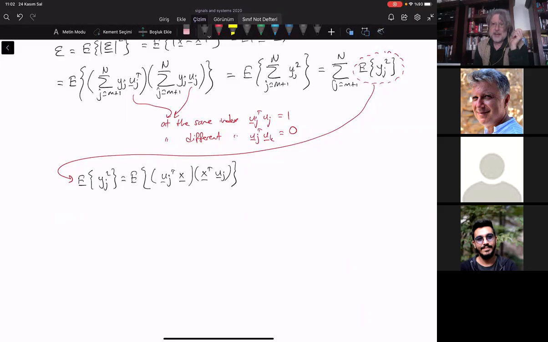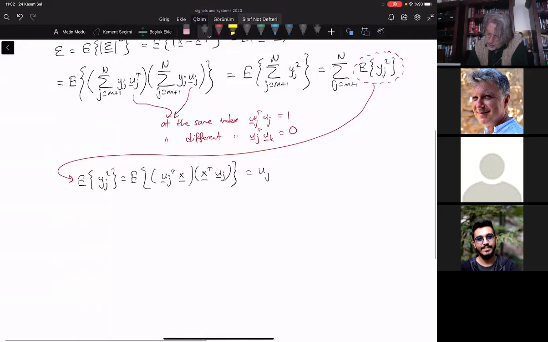But if I write it like this, then uj transpose at the left-hand side can be taken out of the expectation because it's not random. It is the transform. And the other uj can be taken out of the expected value operator from the right-hand side. What I mean is this.